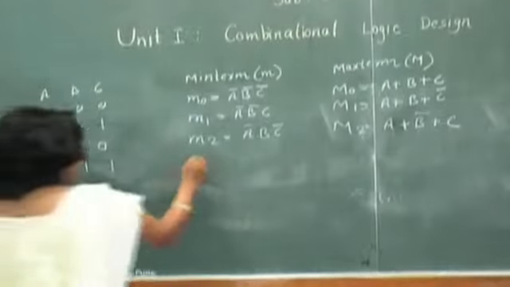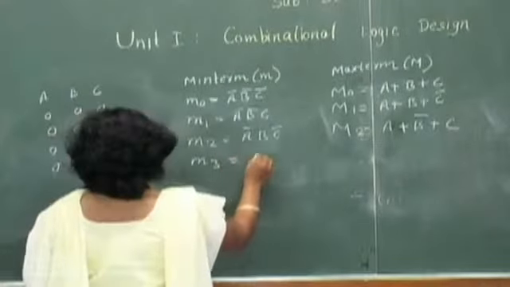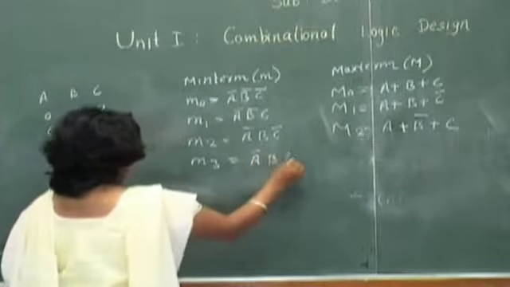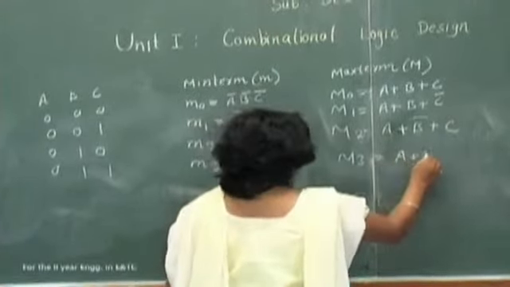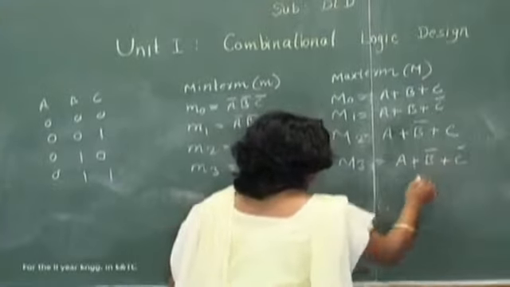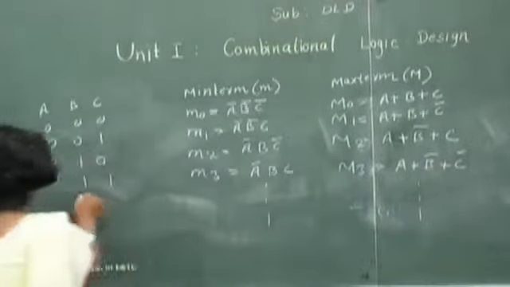So 0, 1, 1, that is m3 and it will become A bar, B, C, and M3 here will become A plus B bar plus C bar. Similarly we can write down for all 8 cases.